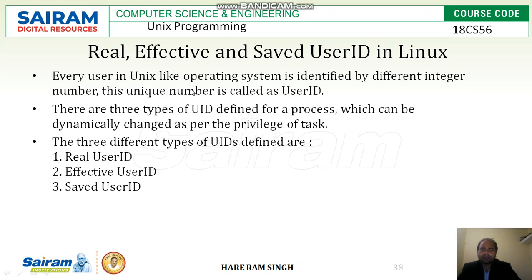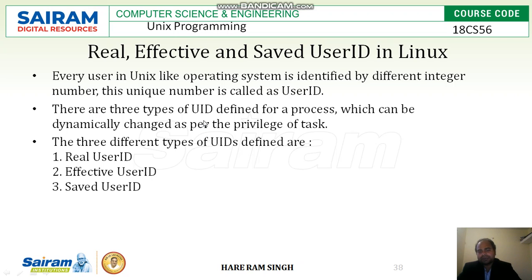Every user in a Unix-like operating system is identified by an integer number, and this unique number is called a user ID. Whenever a user logs into Unix, an integer is associated with the login, and that integer is called its user ID.